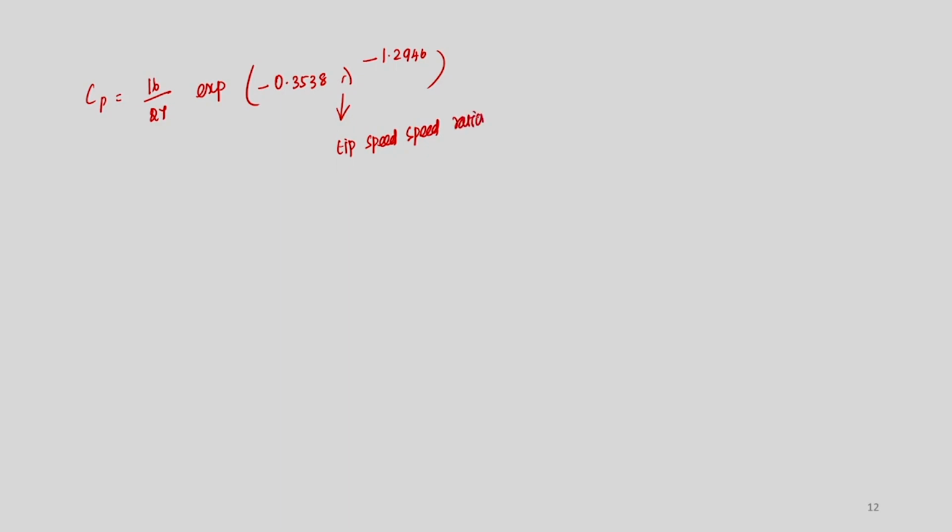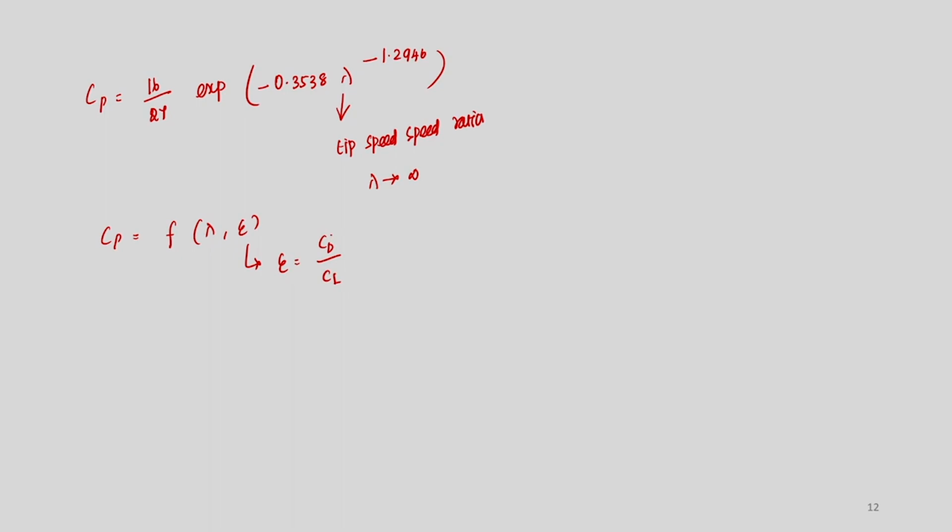Power coefficient can be defined as a function of tip speed ratio as well. You know when lambda tends to infinity, then you might get the maximum power coefficient of 16 upon 27. The Cp also can be expressed in terms of lambda, which is the tip speed ratio, and epsilon. Epsilon is again defined as Cd upon Cl.